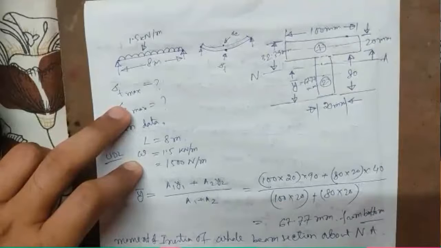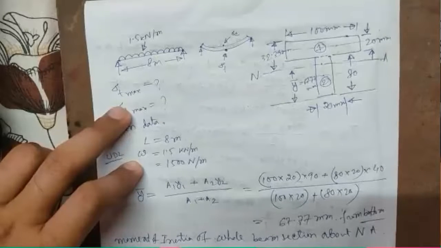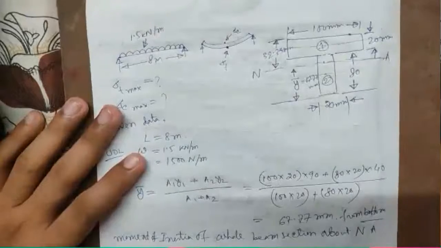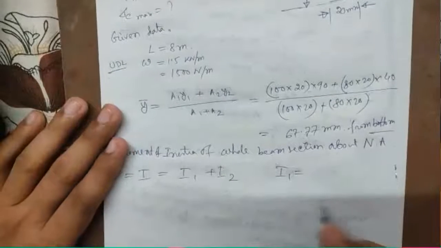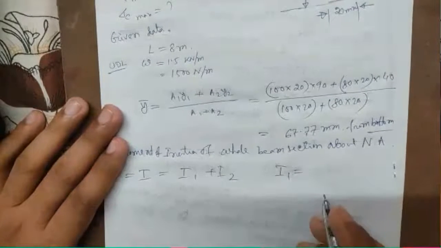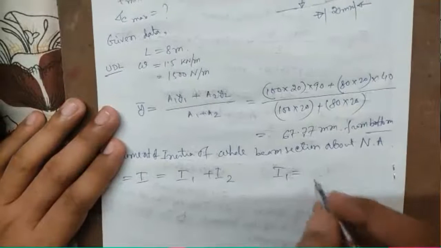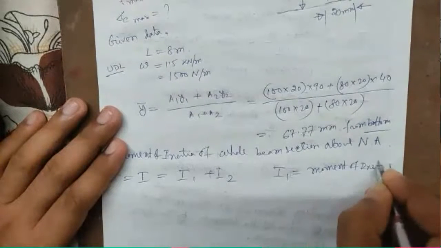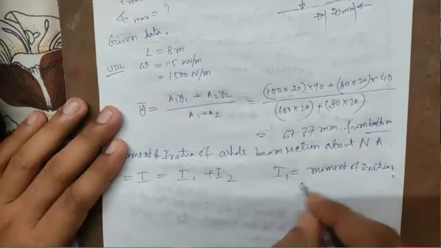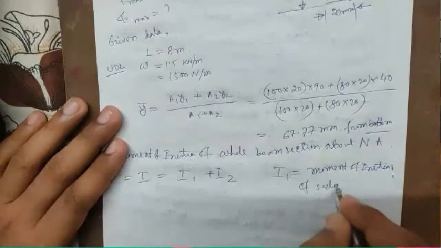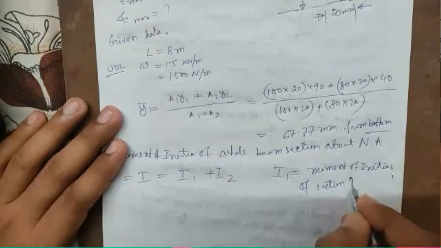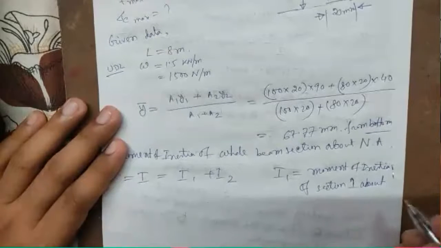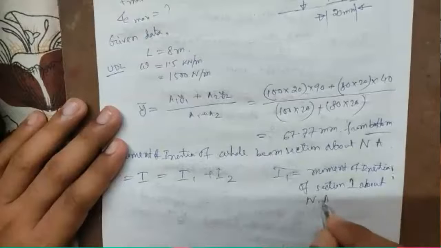I can be written as the summation of I1 plus I2, where I1 is the moment of inertia of section 1 about the neutral axis.